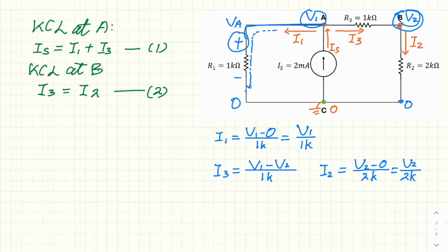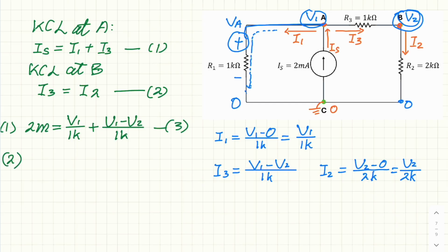So from equation 1, IS is 2 milliampere, 2M, equals I1, which is V1 over 1K, plus I3, which is V1 minus V2 over 1K. This is equation 3. From 2, I3 equal to I2.